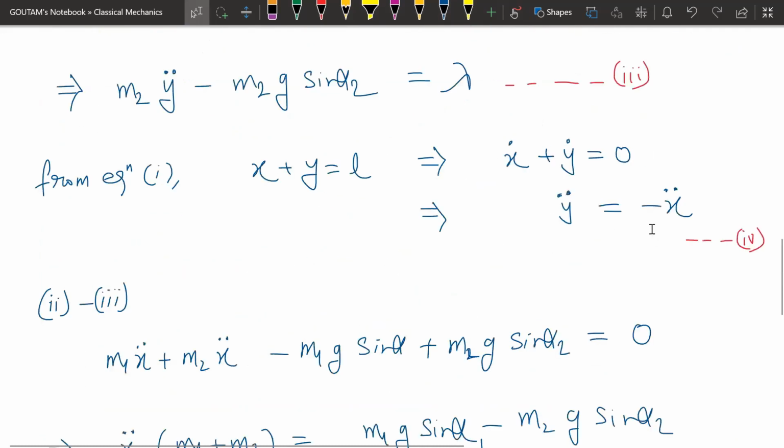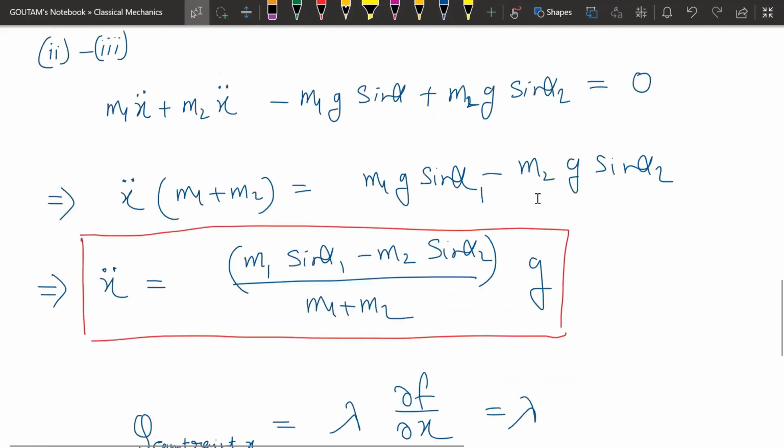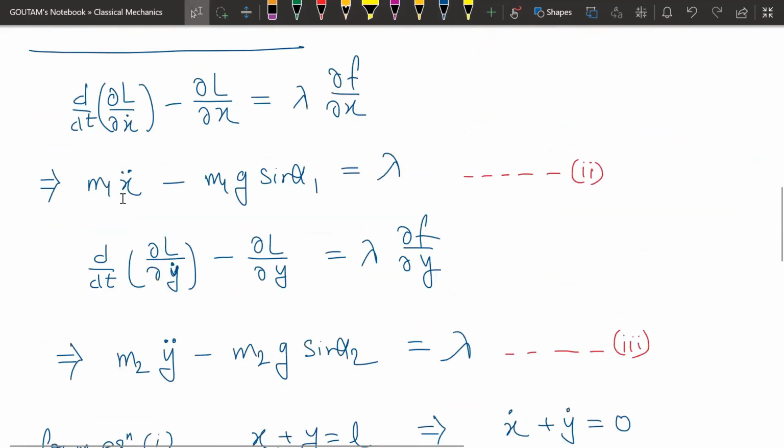And we can find the value of lambda very easily by putting the value of x double dot in equation 2. So lambda will be m1 x double dot minus m1 g sine alpha 1.